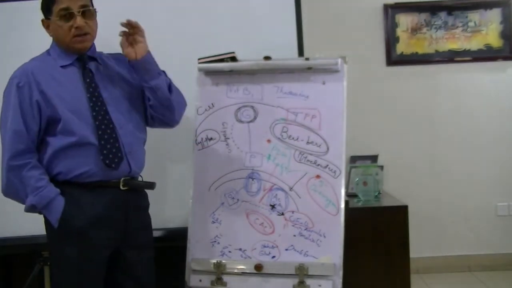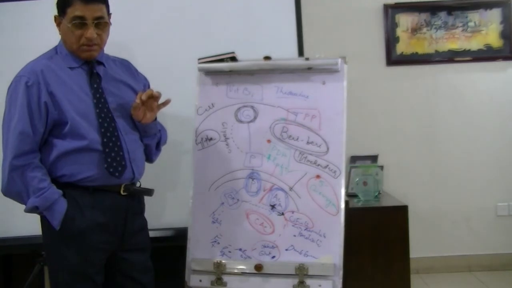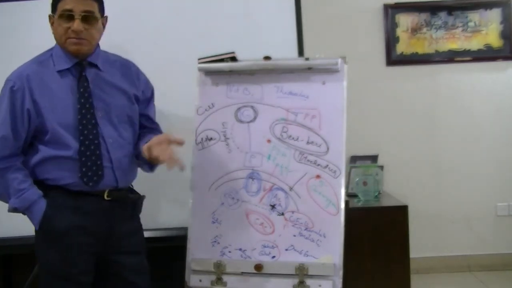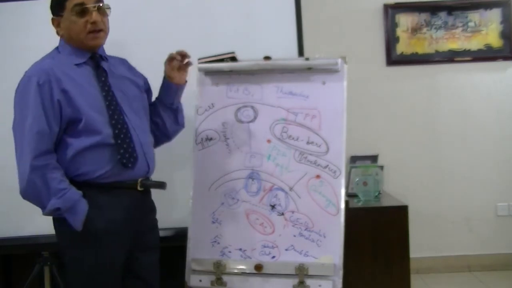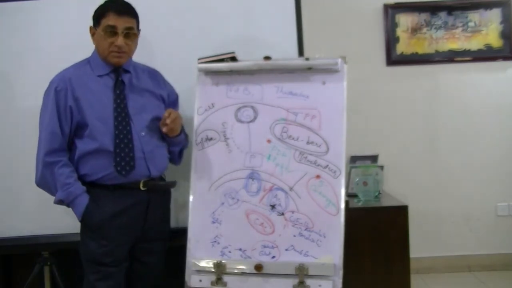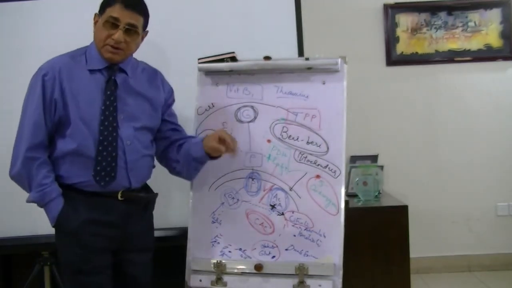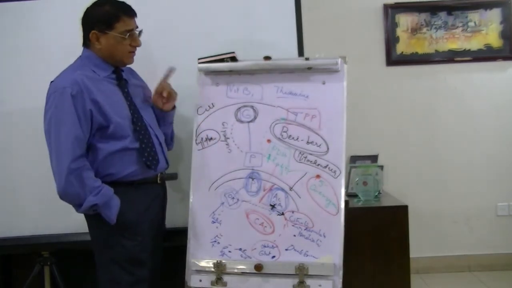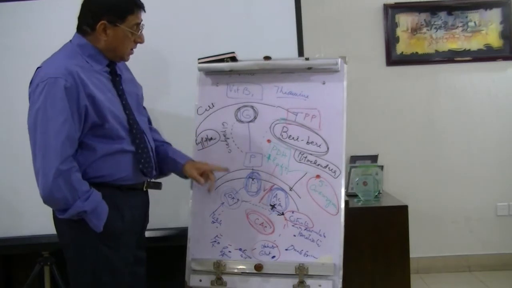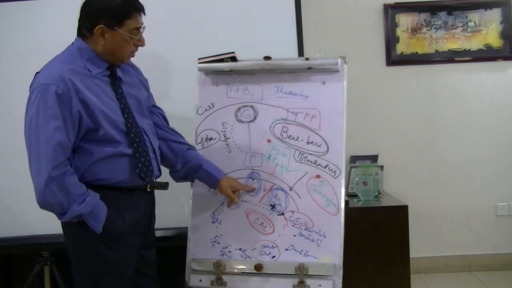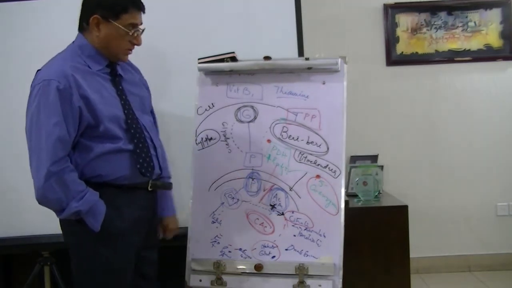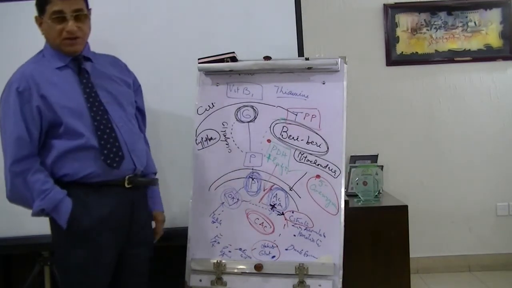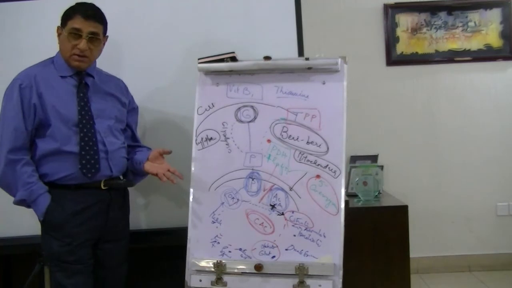Because in white atta and polished white rice, the outer covering has been removed. And when the outer covering is removed, B1 is also removed from the diet. Thiamine is not there. And when thiamine is not there, how will pyruvate be converted to acetyl-CoA? That means pyruvate will not be converted to acetyl-CoA if there is no B1.